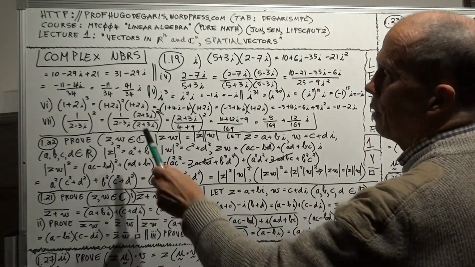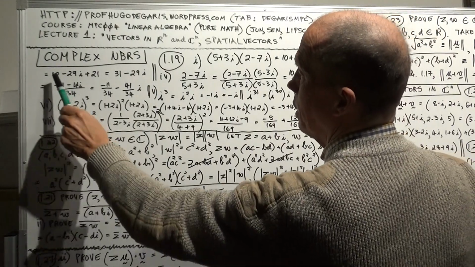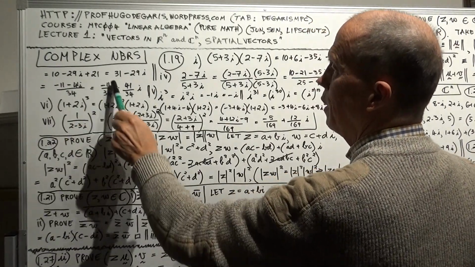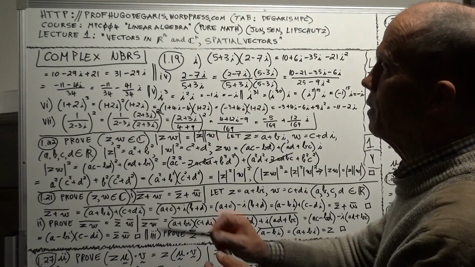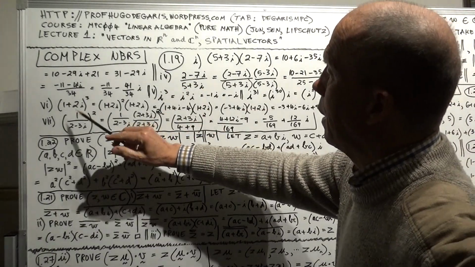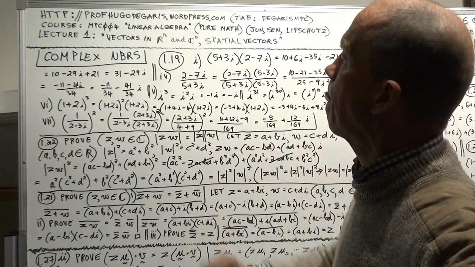And so in the form of a plus bi, your a will be minus 11 over 34 here. And the complex part will be minus 41 over 34 i.